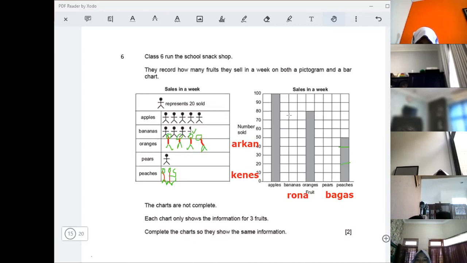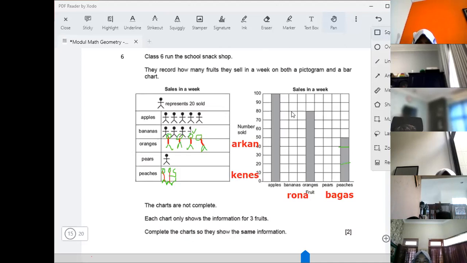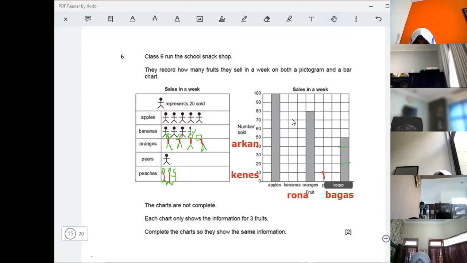So right here. Oh, I'm just gonna use this directly. So this, yeah. And for Bagas, the pears is only 20. So it's right here.